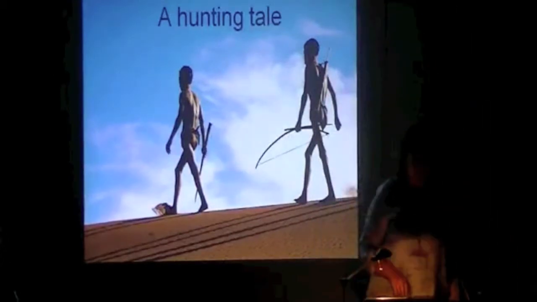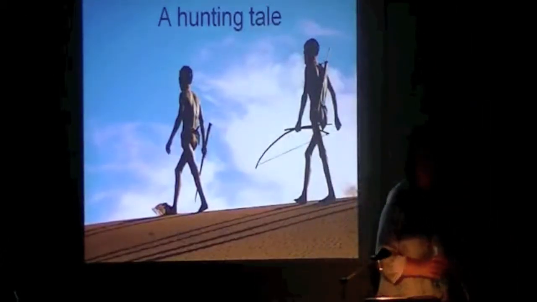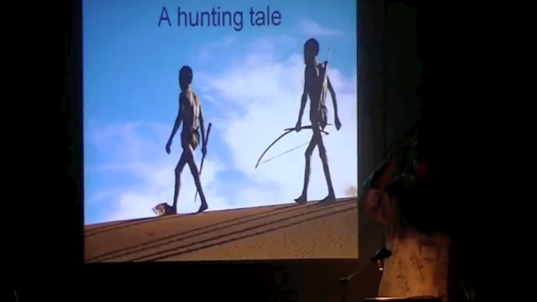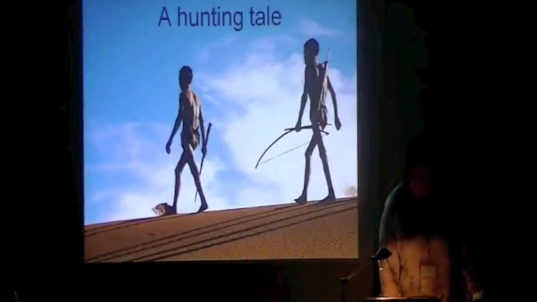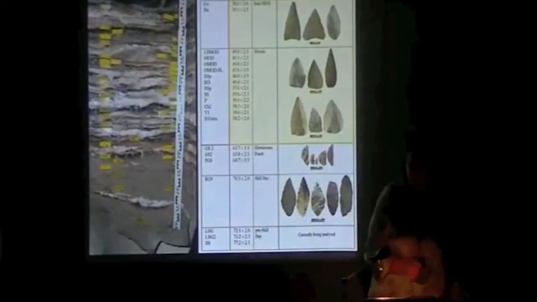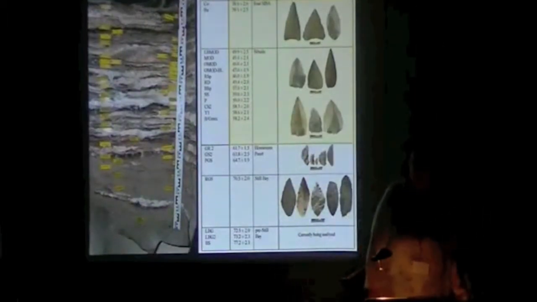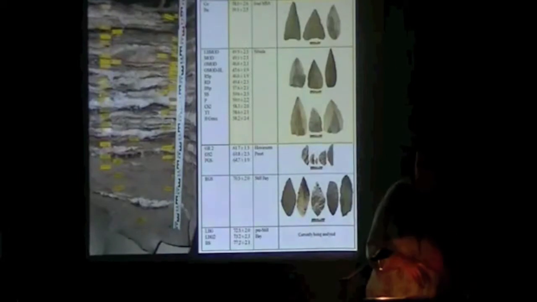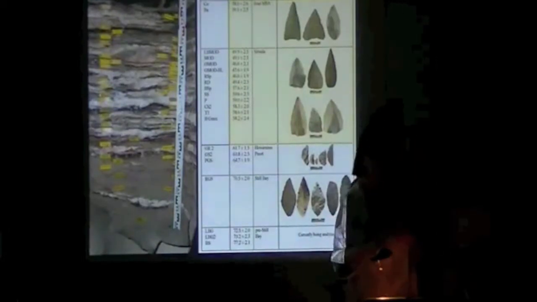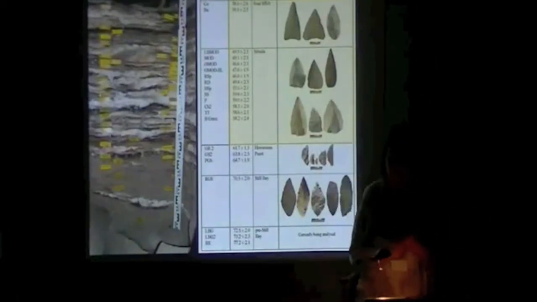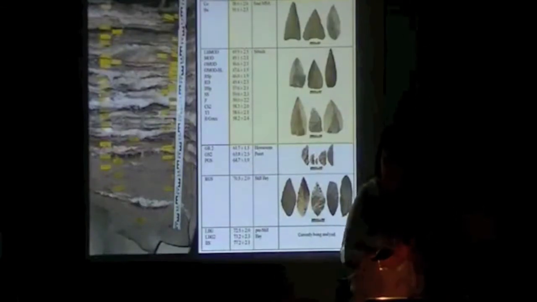Back to my hunting story. So, we excavated the upper layers at Sibudu, and for the Sibudu industry, we've named this new, and that publication will be out shortly, and the final MSA.